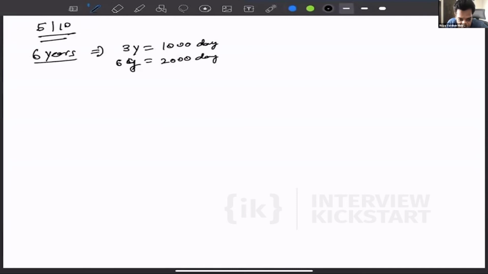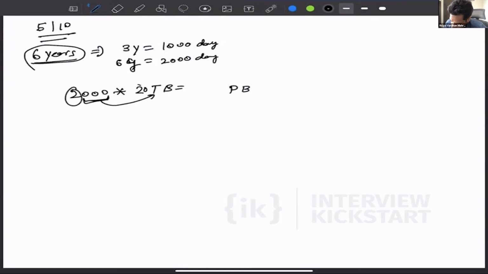So if we want to calculate for 6 years, we just have to multiply 2000 by 20 terabyte. Again, we can do a very quick calculation here. We can see 3 zeros here. When these 3 zeros are added to terabyte, it becomes a petabyte. And then 20 times 2 is 40. So that means it's 40 petabyte.